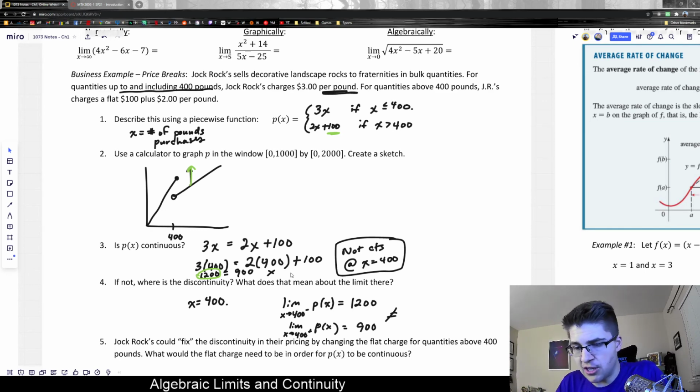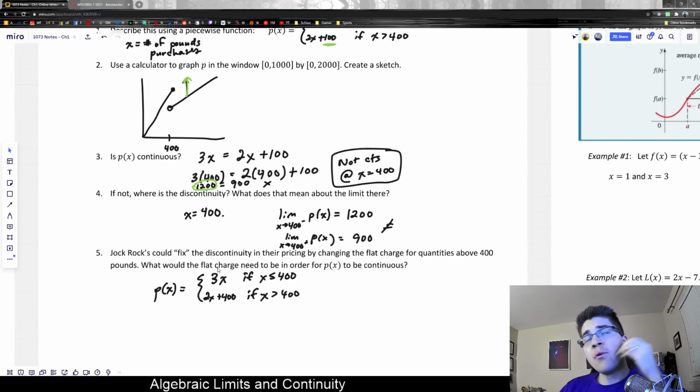So let me just sketch out what I'm thinking below, and I'll just write the answer. Basically it would be 3x if x is less than or equal to 400, and then it would have to be 2x plus $400 if x was greater than 400 instead, because that would ensure that at that point of 400 you're going to keep the charge of $1,200.